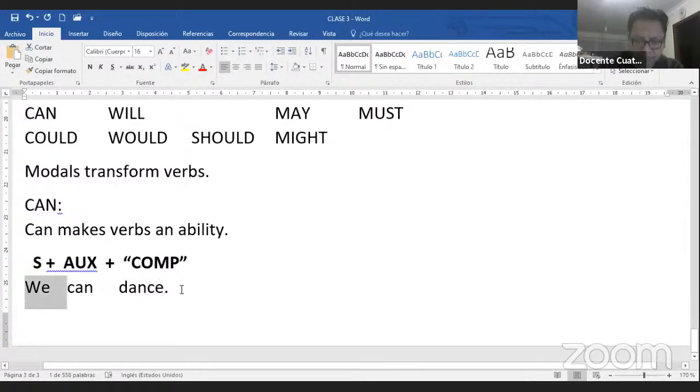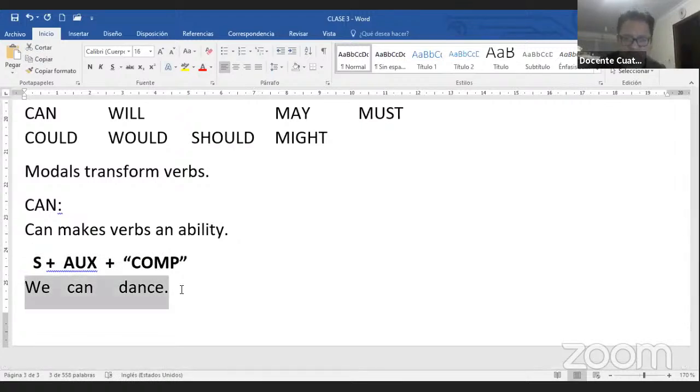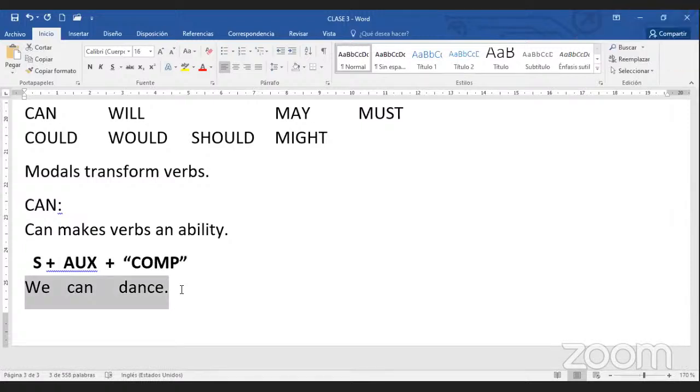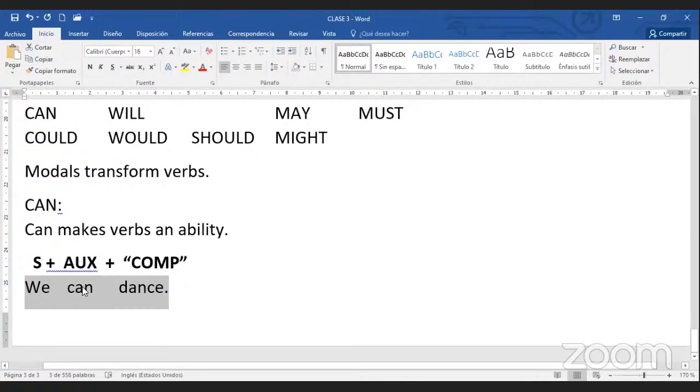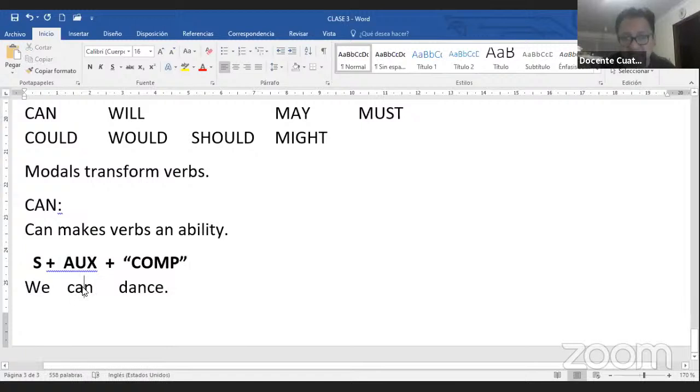Now, Liber, can you tell me in Spanish what's the meaning of this sentence? We can dance. Nosotros podemos bailar. No. Why? Because modals don't have a translation in Spanish.